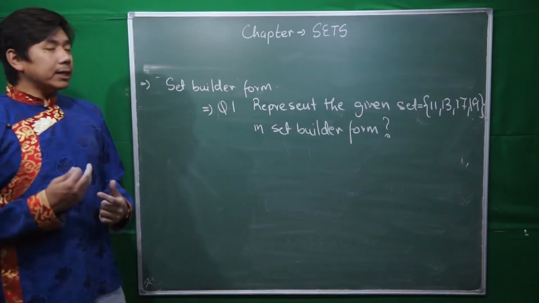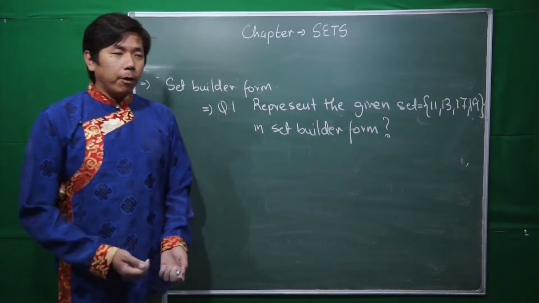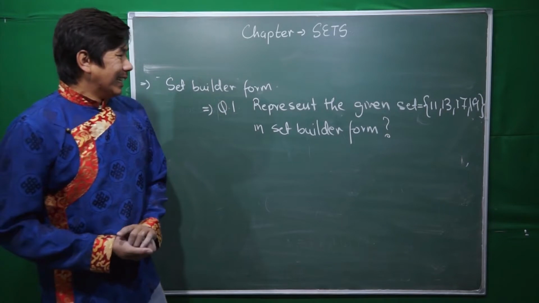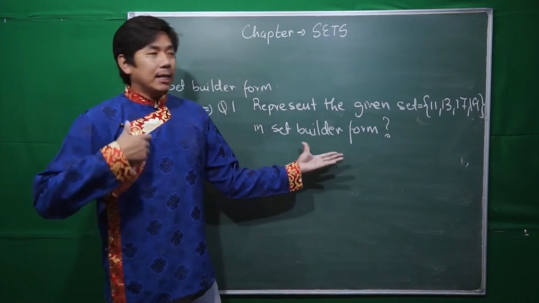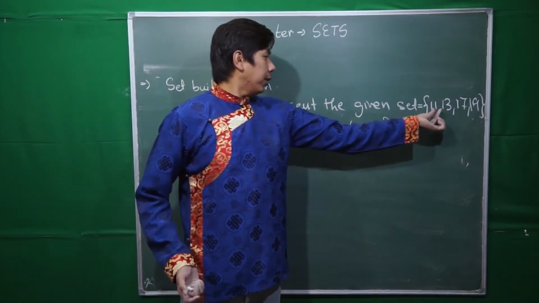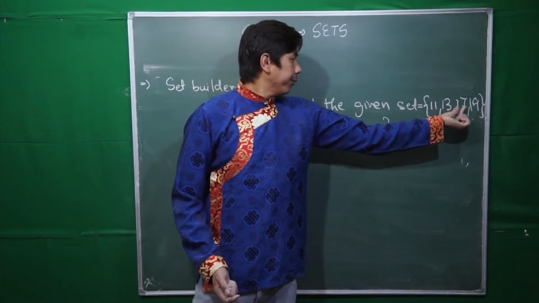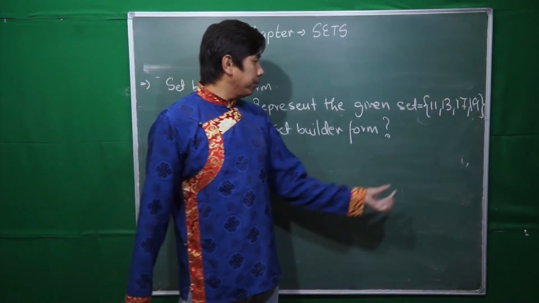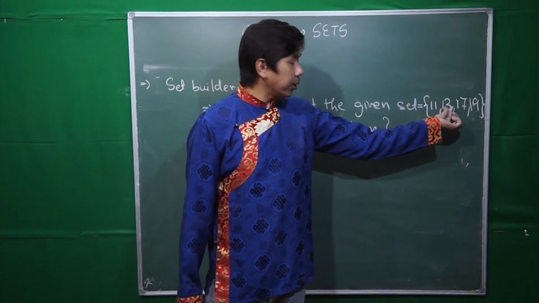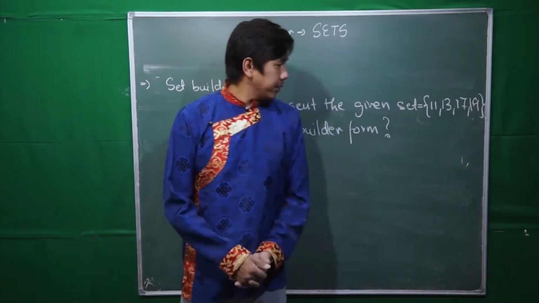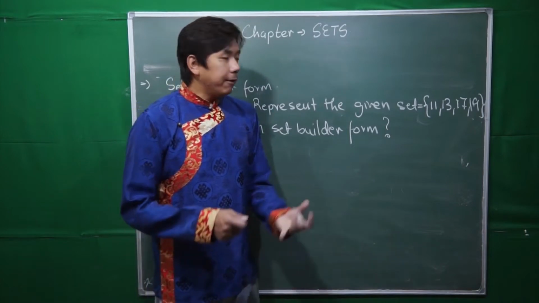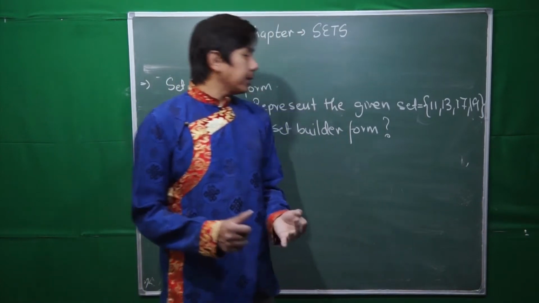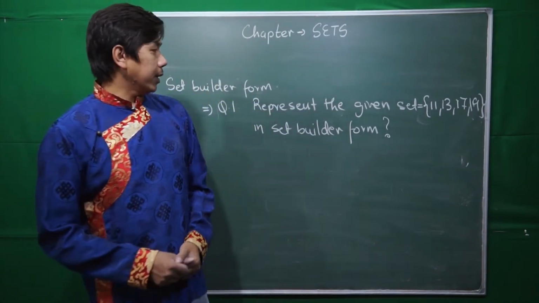So to convert a certain set into set builder form, we should know that there should be a certain nature to the elements of the set. For example, in this case, the underlying nature should be that these numbers are prime numbers. 11 is a prime number, 13 is a prime number, 17 and 19 as well.